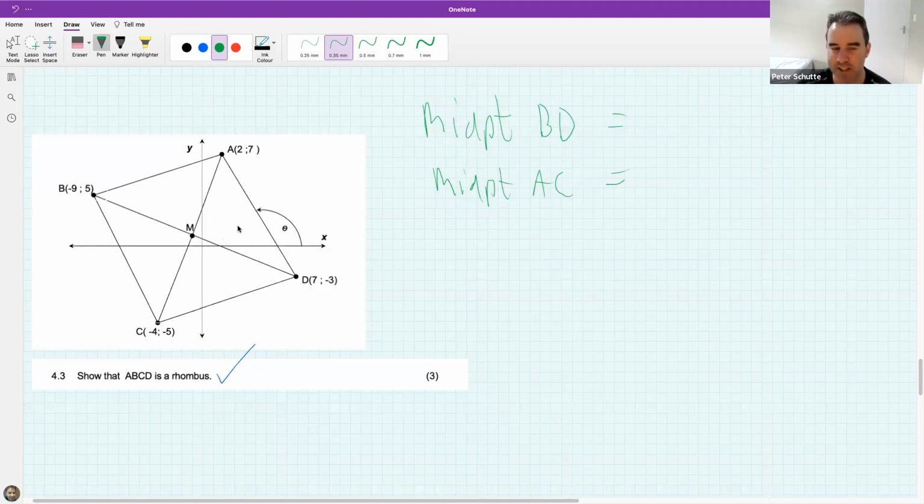And if they are, then I've proved it's a parallelogram. Then I have to prove a little something extra to prove it's a rhombus. But I'll talk to you about that. Let's first check it is a parallelogram.